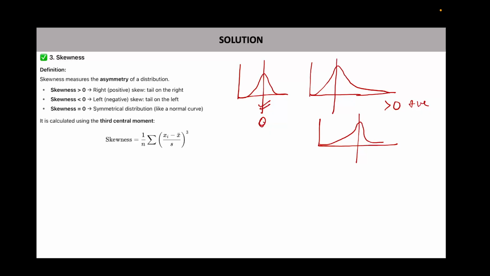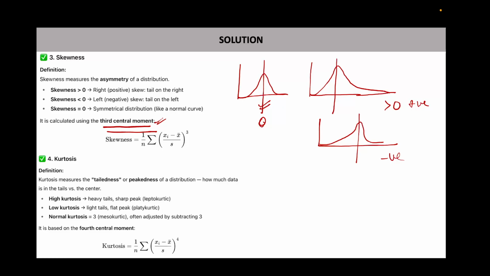So basically, if your data lies on one side more than the other side, then it is called skewed data, or it is showing an asymmetrical distribution, and this kind is negatively skewed. Skewness is called the third central moment. Okay, this part is important. It is called the third central moment.